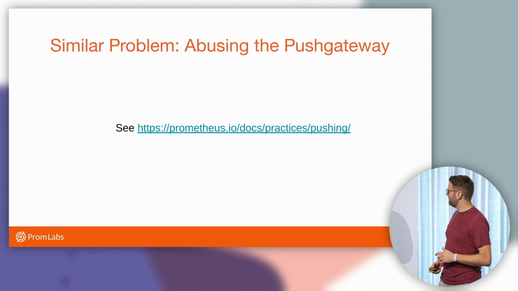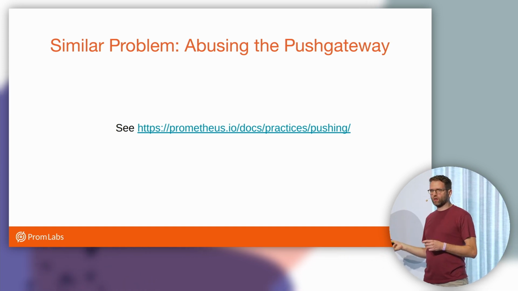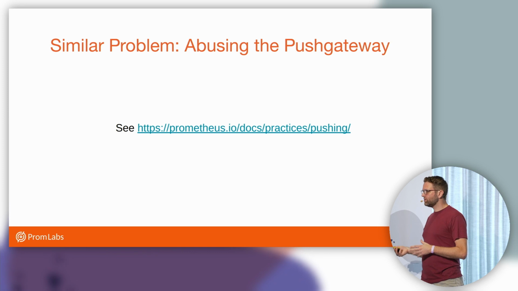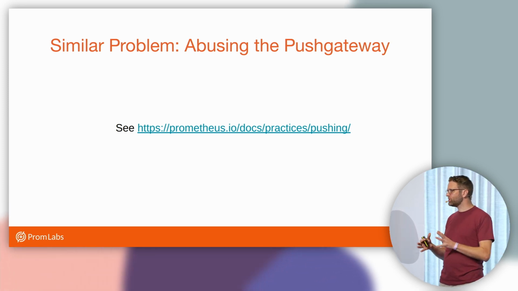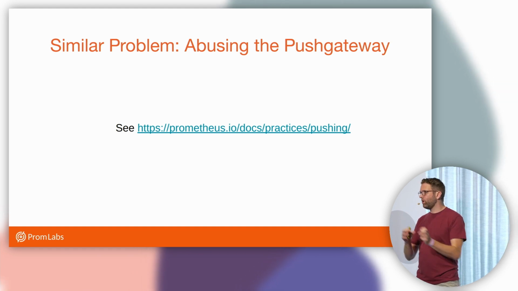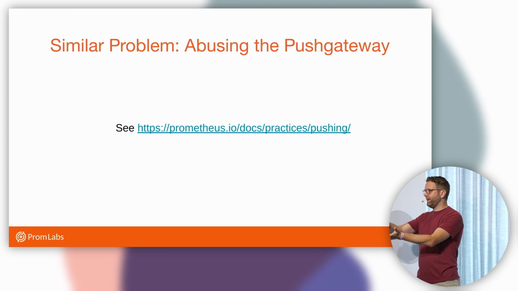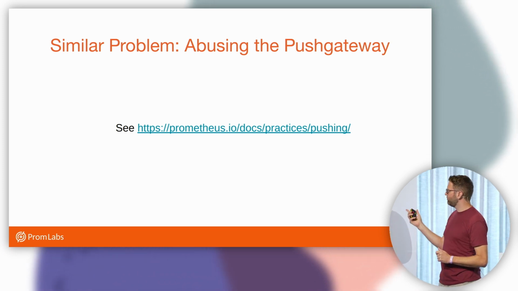A similar thing is, some people try to abuse a component in the Prometheus ecosystem called the Pushgateway, which also allows for very limited batch job use cases to hold on to some metrics and then let Prometheus scrape them from the Pushgateway, and it can be abused in a similar way.